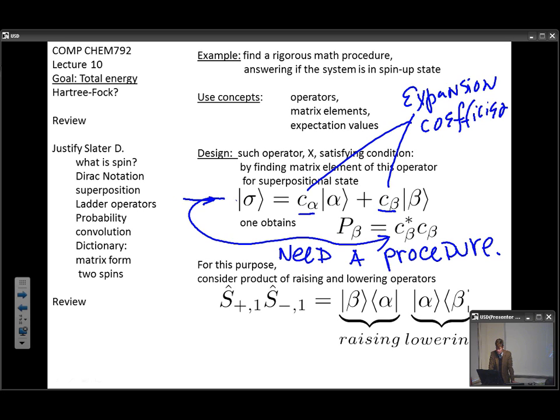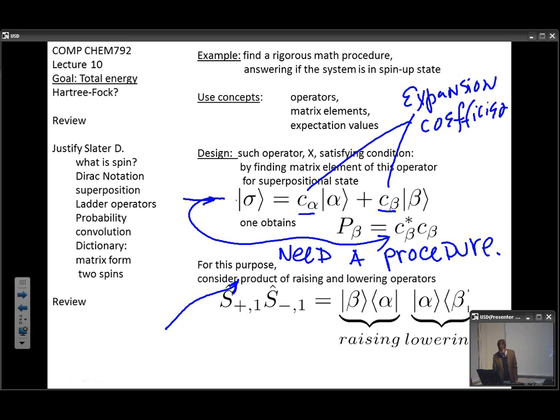So let's play a little mathematical toy and just check. Well, by saying so, I predominantly know what the answer is, but I'm going to lead us to this answer. So let's consider subsequent application of raising and lowering operators, and then find a matrix element of it, and check whether it will be helpful in answering our question.